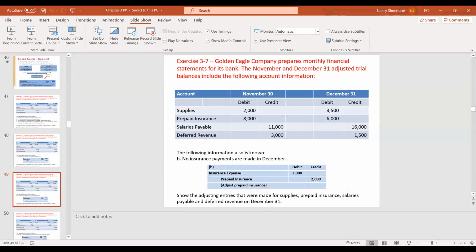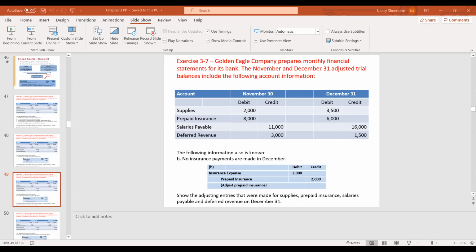So if we go into Excel and we show here's our little journal entry, and we are going to just show the account is supplies, okay?